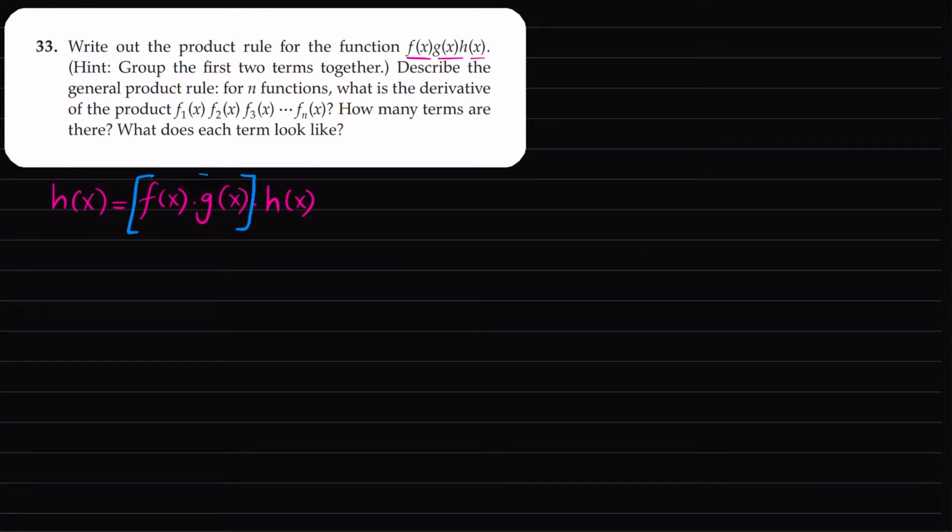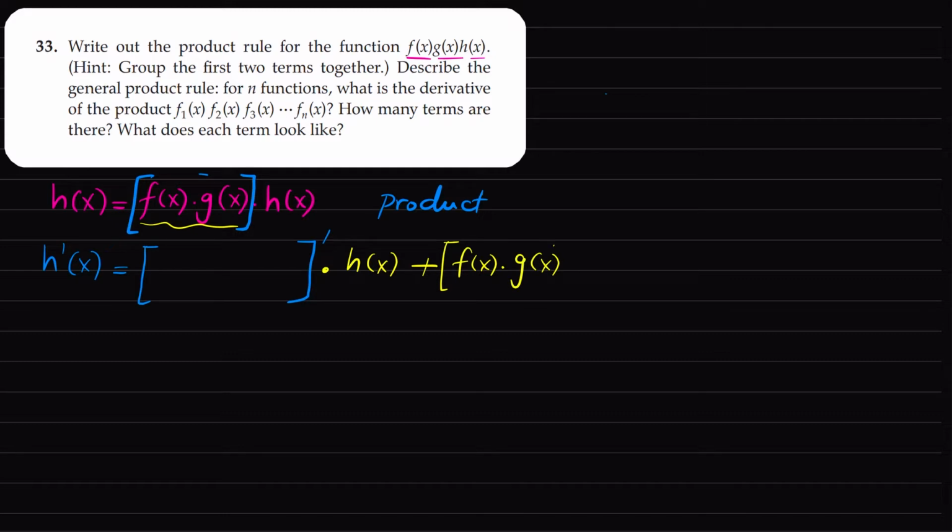So the derivative using product rule, so h prime of x is the derivative of the first function, which is this, we will write it down, times h of x plus the first function as it is, which is f of x times g of x multiplied by the derivative of the second, which is h of x.